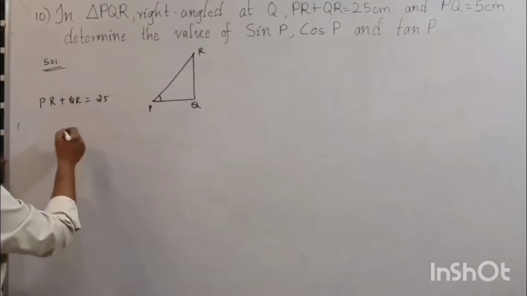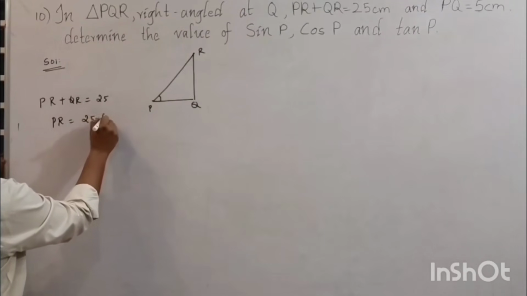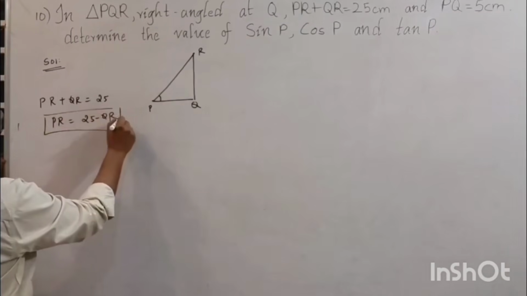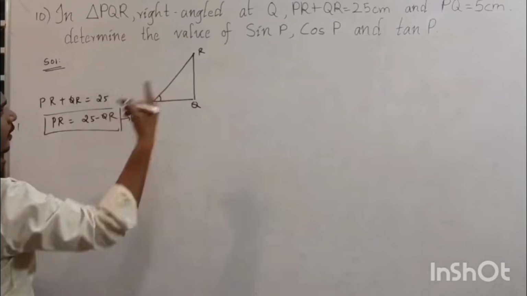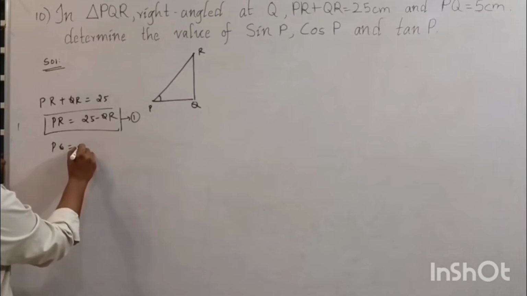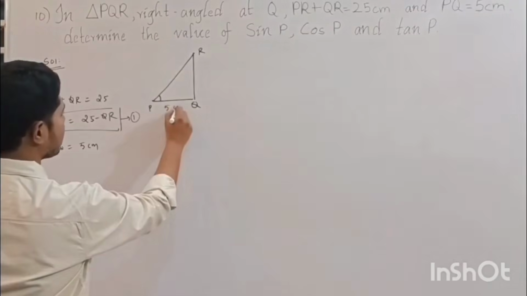So for my convenience I will write PR is equal to 25 minus QR, and I will keep it here in the box and mention equation number 1. And second they have given that PQ is equal to 5 centimeters. I will mention PQ is equal to 5 centimeters.